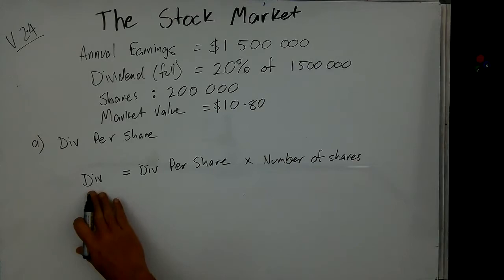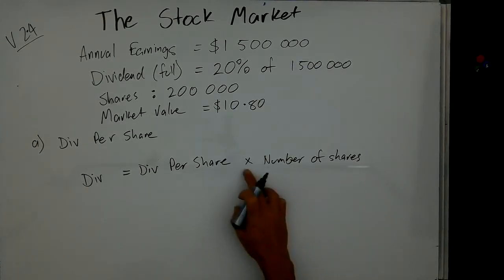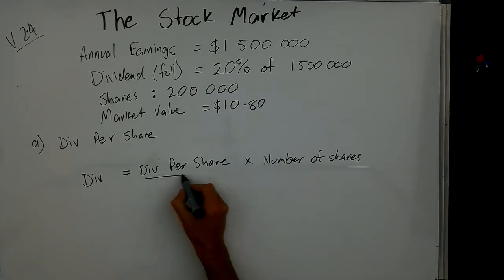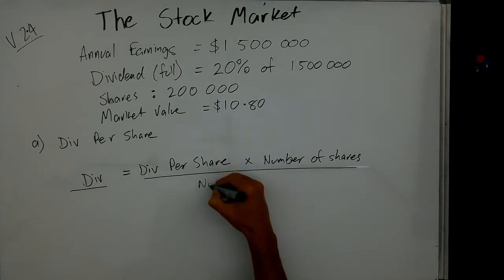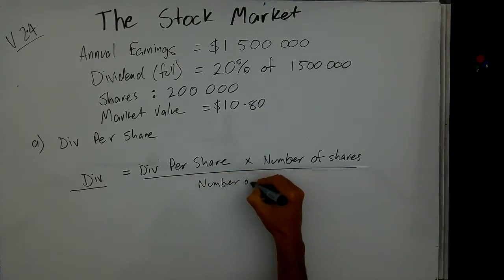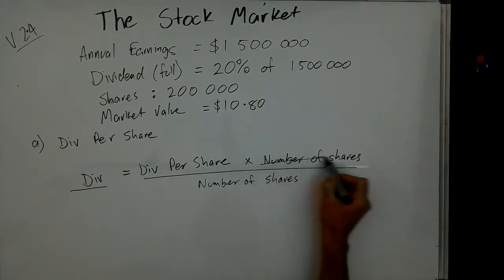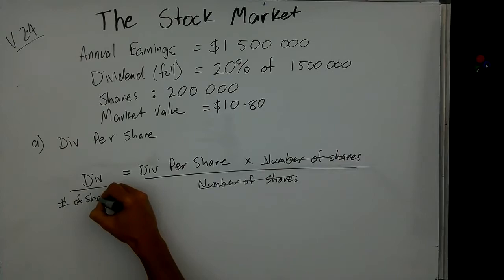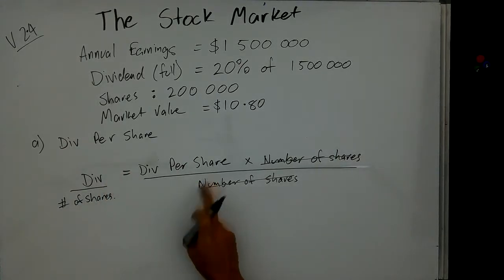Because we know this number and the number of shares, we need to rearrange to get this thing on its own. So we're just essentially going to divide both sides by the number of shares. On this side, we just cancel out the number of shares.